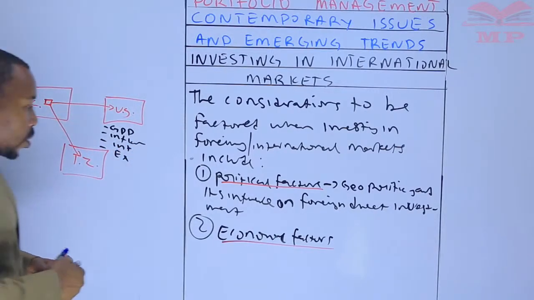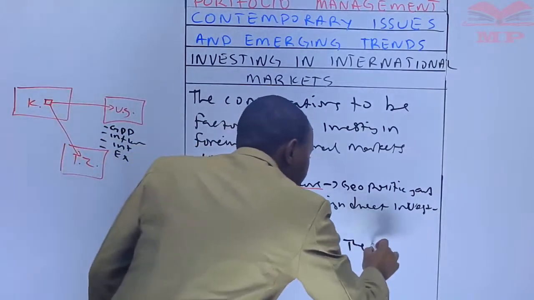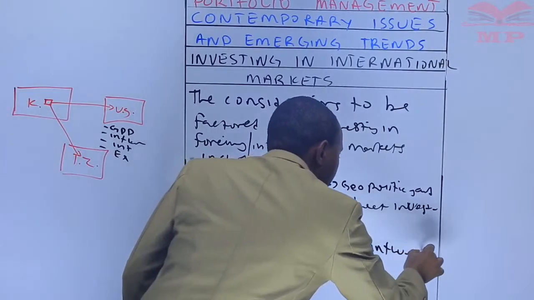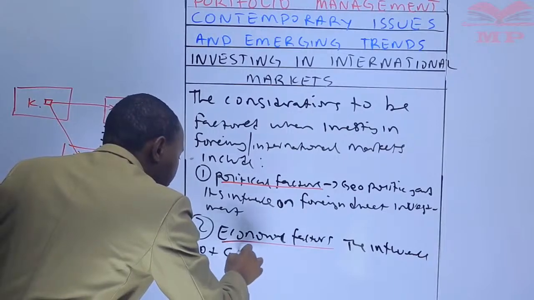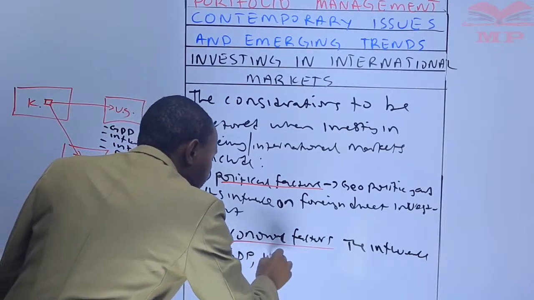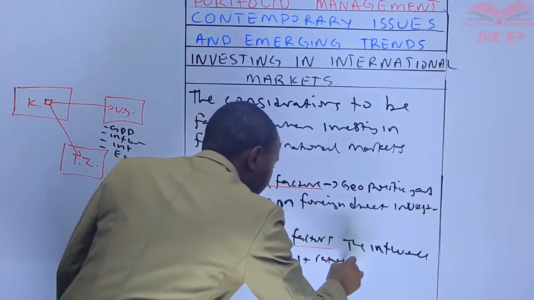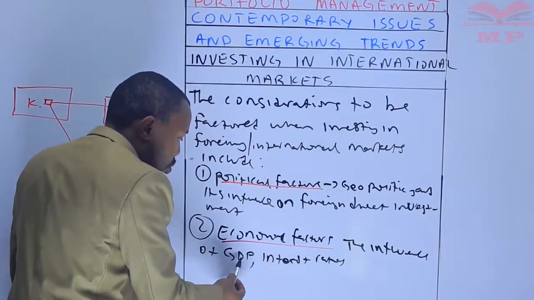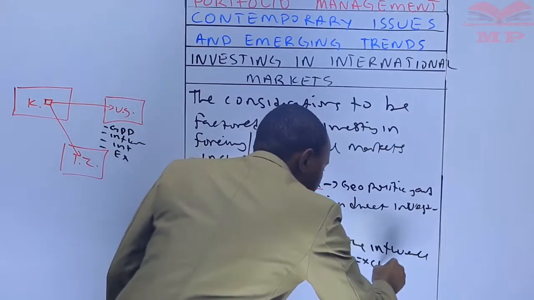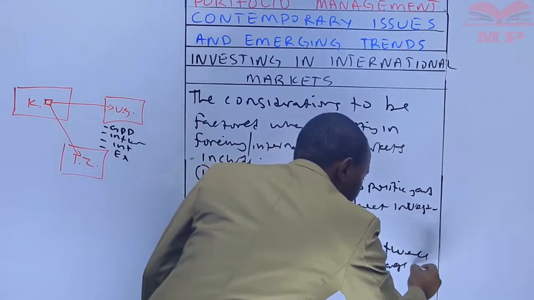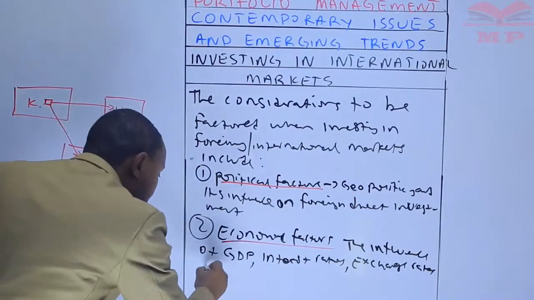So when talking about economic factors, we say the influence of GDP, gross domestic product, interest rates, exchange rates, and inflation.